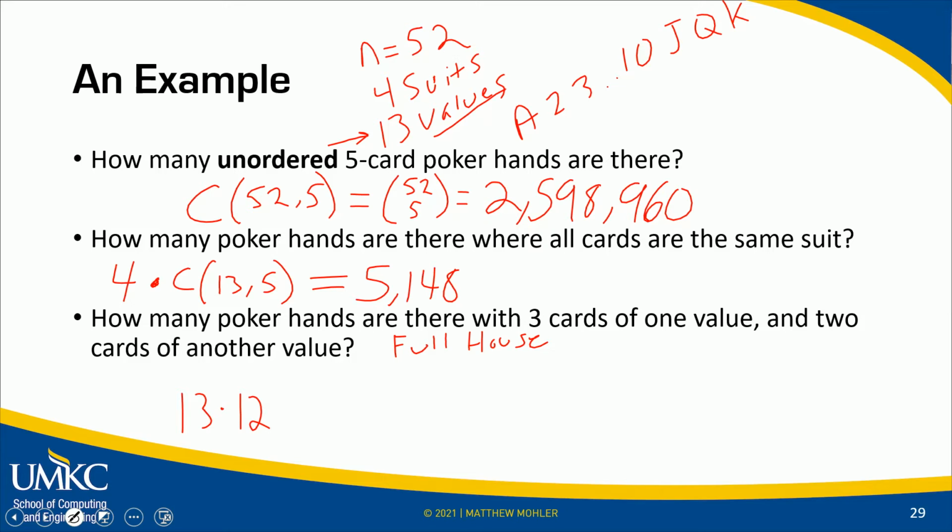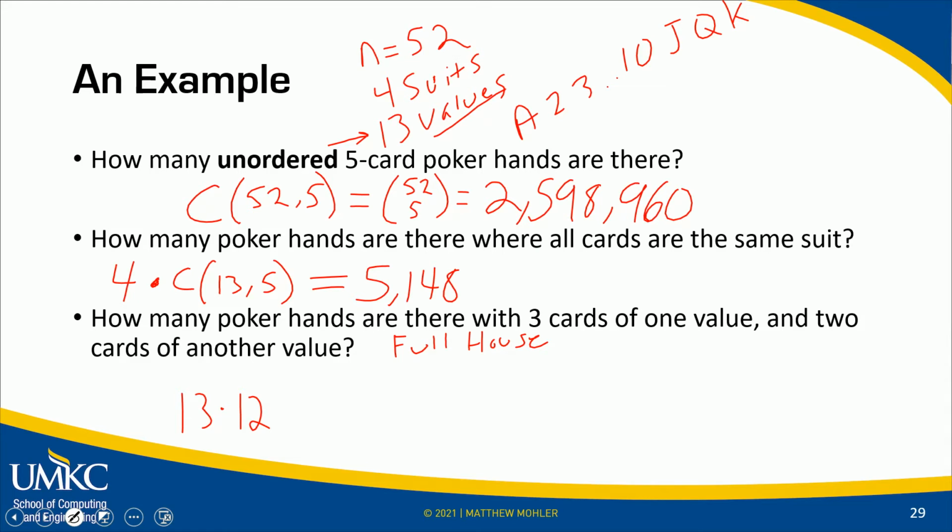After that, we'll go back and look at either one of them really, but let's just say the first value for the time being, and we're going to pick 3 cards out of the 4 that are available. Now specifically, this is 3 suits out of the 4 suits that are available within that value that we selected earlier. So in other words, we're doing a combination again.